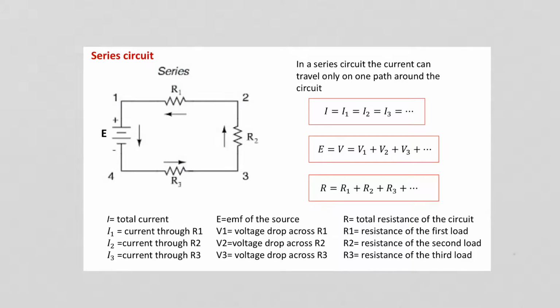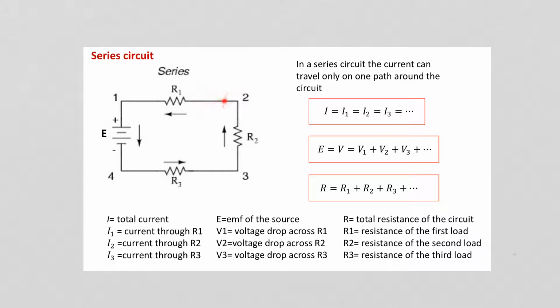Now let's look at a series circuit and see how Ohm's law is applied to analyze that circuit. So in a series circuit, we have the power source, and then the three loads or resistors are connected one after the other, as shown in this schematic, starting with the first resistor connected to the positive terminal of the power source.